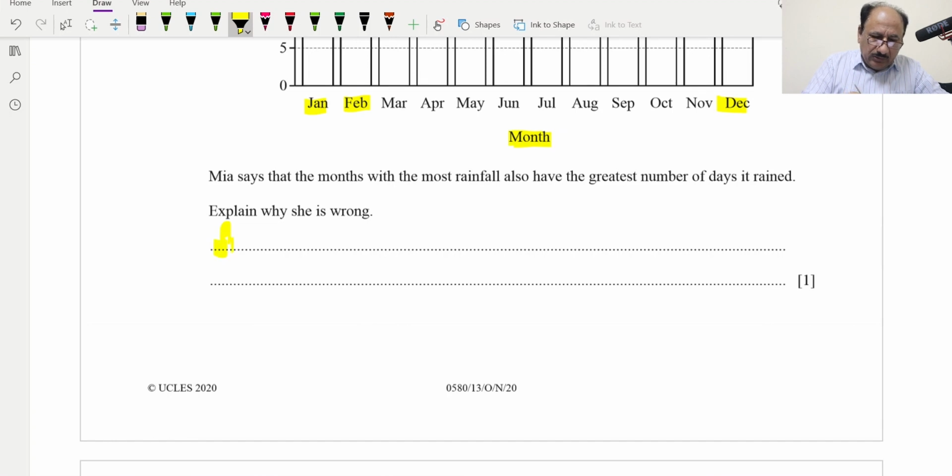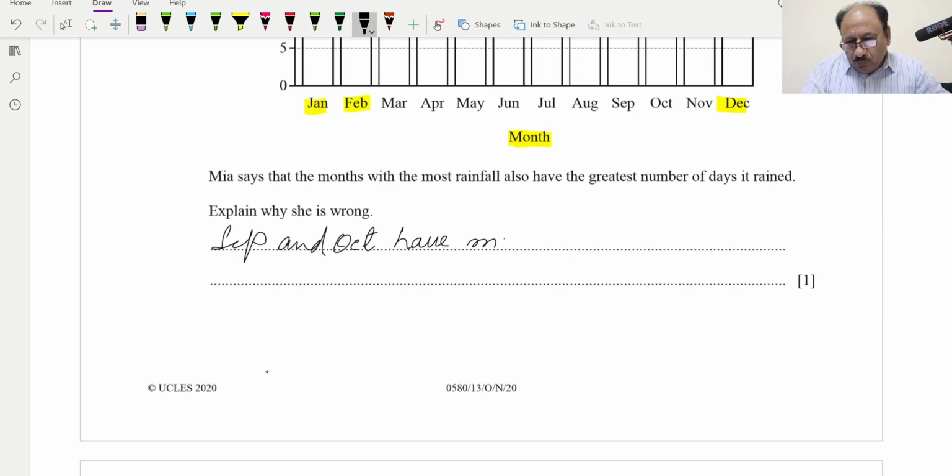So we can change the color. Okay, September and October have most rainfall, and June has most rain days.